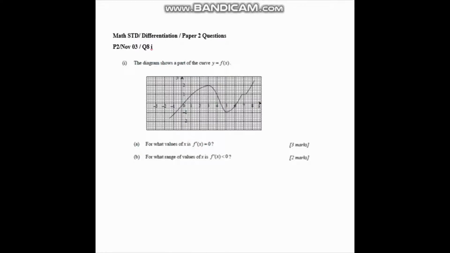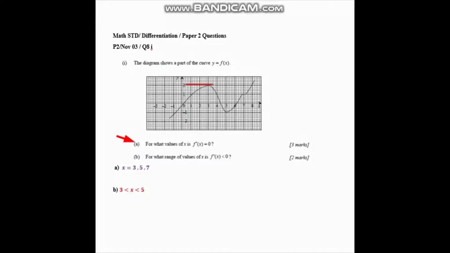I shall now solve paper 2 November 2003 question 8I. Kindly take a minute, attempt to solve, and the answer shall follow through shortly. So you are given a curve, and in question A you are required to find the values of x for which f dash of x is 0. So f dash of x is 0 when the tangent line drawn at a point is horizontal.